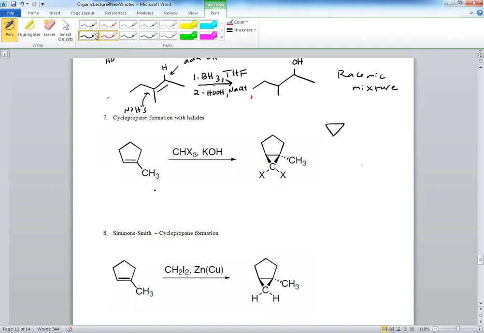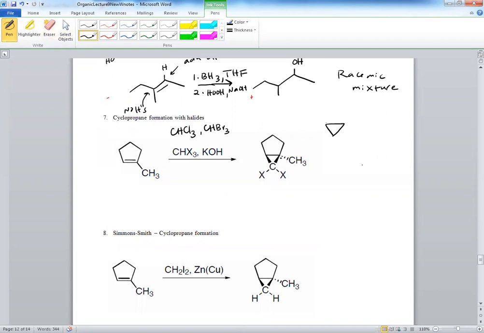The only difference is these are halogens. So this can be written as CHCl3 or CHBr3. Generally, these are the ones that are associated with this reaction. So again, you can see you have a three-membered ring.